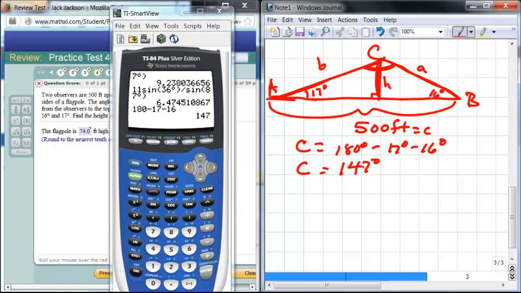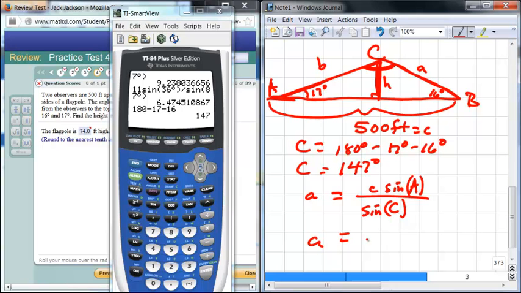Okay, and now we know angle C and side c, so we can solve, say, for side a there. a over sine of A is c over sine of C, and so we multiply both sides by sine of A, and we get this expression.